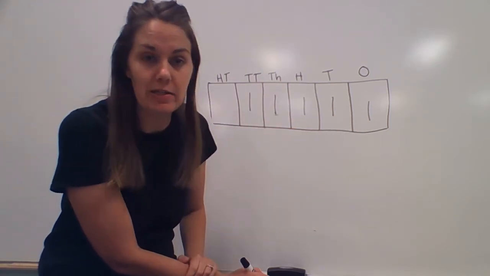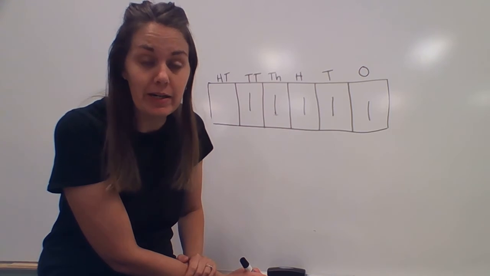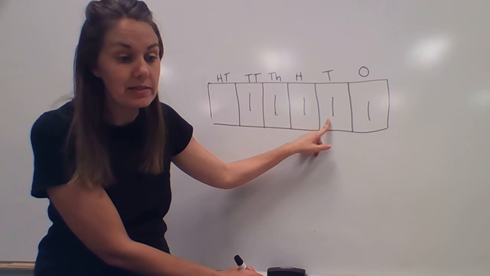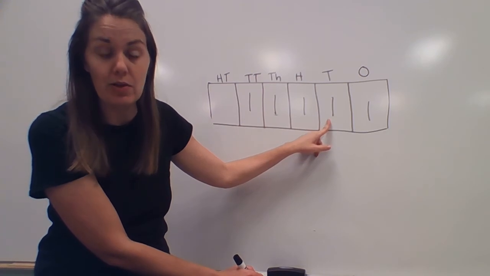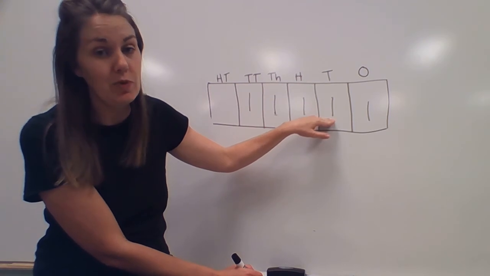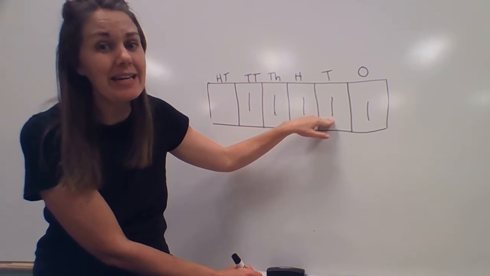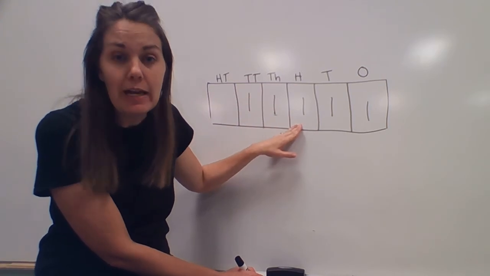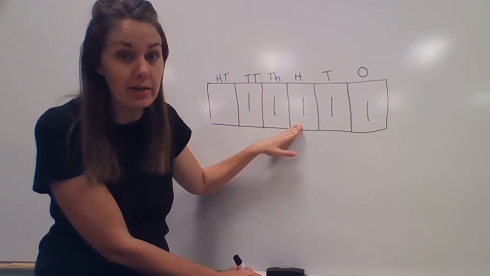So 10 ones is the same as 1 ten. 10 tens is the same as 1. So remember when we get to 10 tens, 10, 20, 30, 40, 50, 60, 70, 80, 90, we go to 100. So 10 tens is 100.